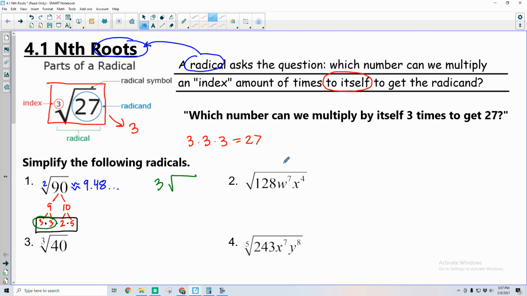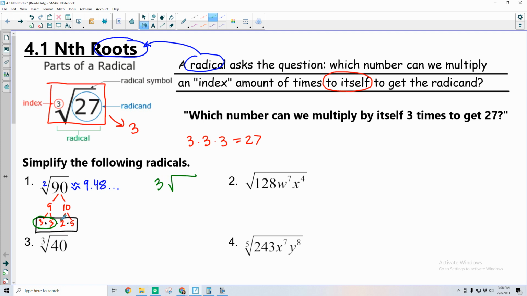This will make more sense once we get to examples with more groups. For every group, I just take out one of those things in the group. So if there were two 2s, I would just take out one 2. If there were two 5s, I would just take out one 5. That gets removed from the radical and is now on the outside, being multiplied.